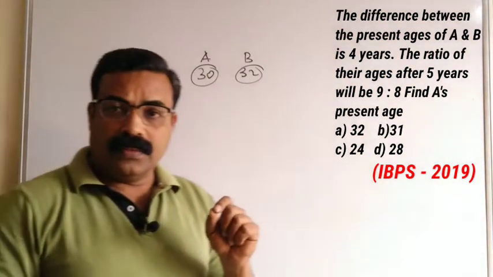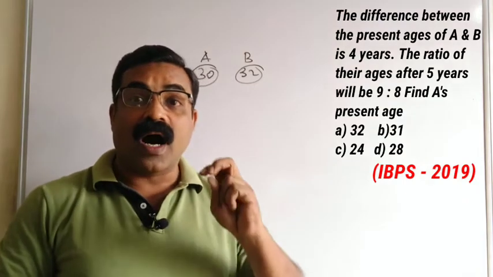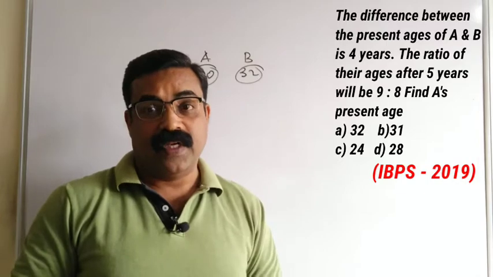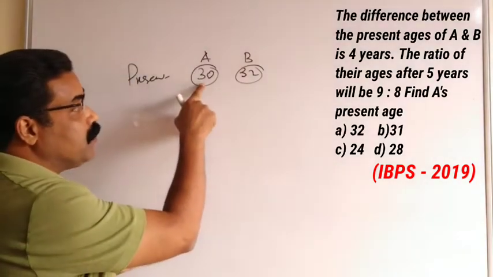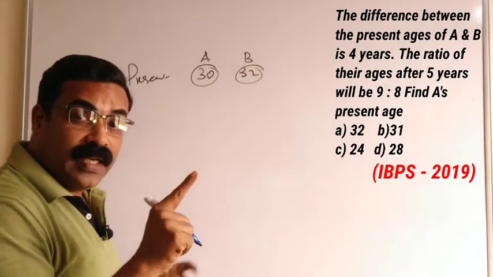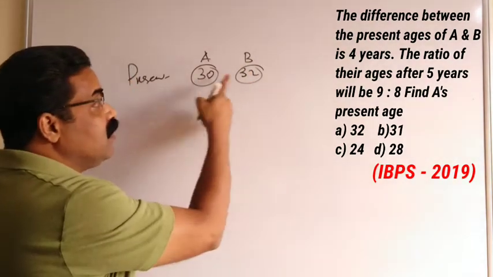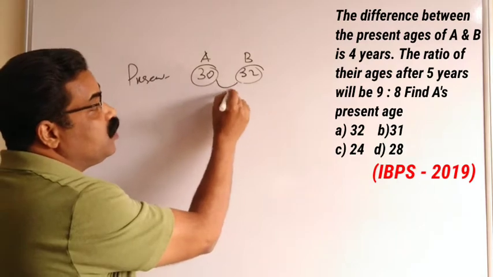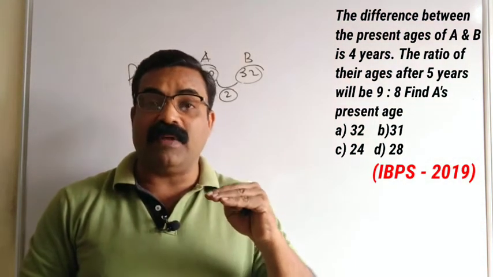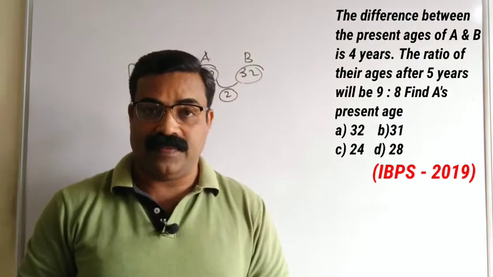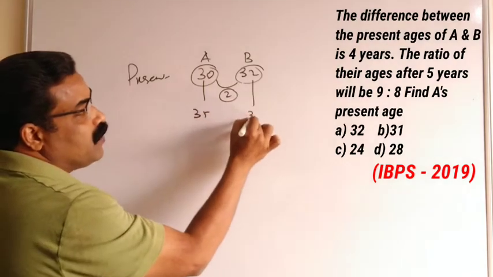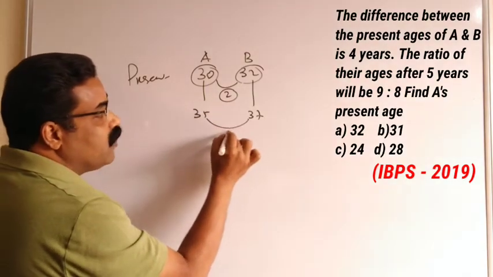Now the question is, after 5 years, what will be the difference between their ages? The present age of A is 30, the present age of B is 32. The difference between their ages is 2. We need to find out what will be the difference between their ages after 5 years. After 5 years, this person will become 35 and this will become 37. Again, the difference will be 2 years.